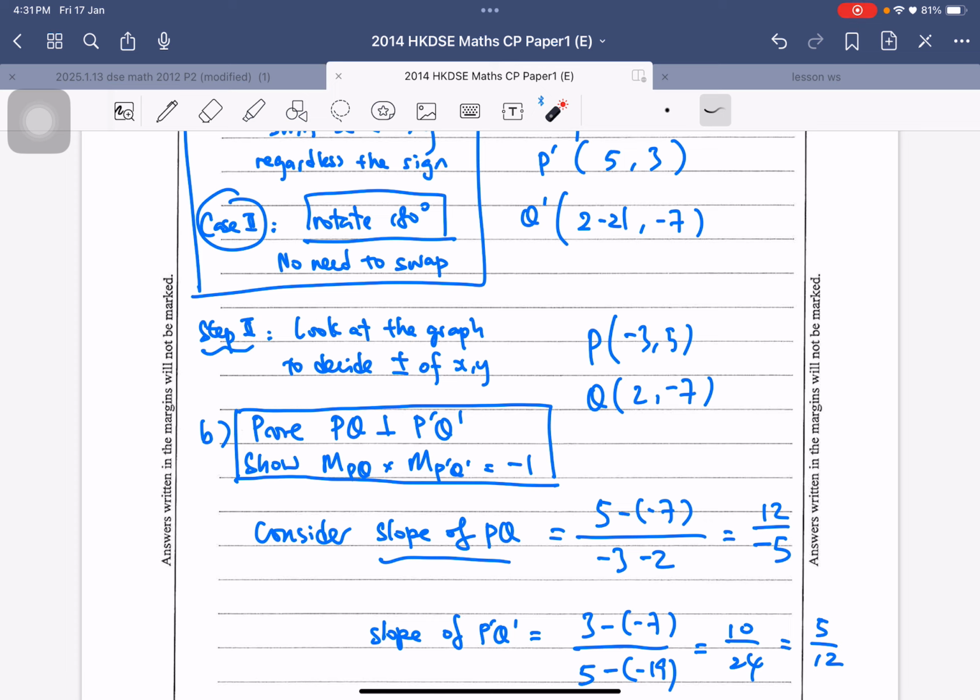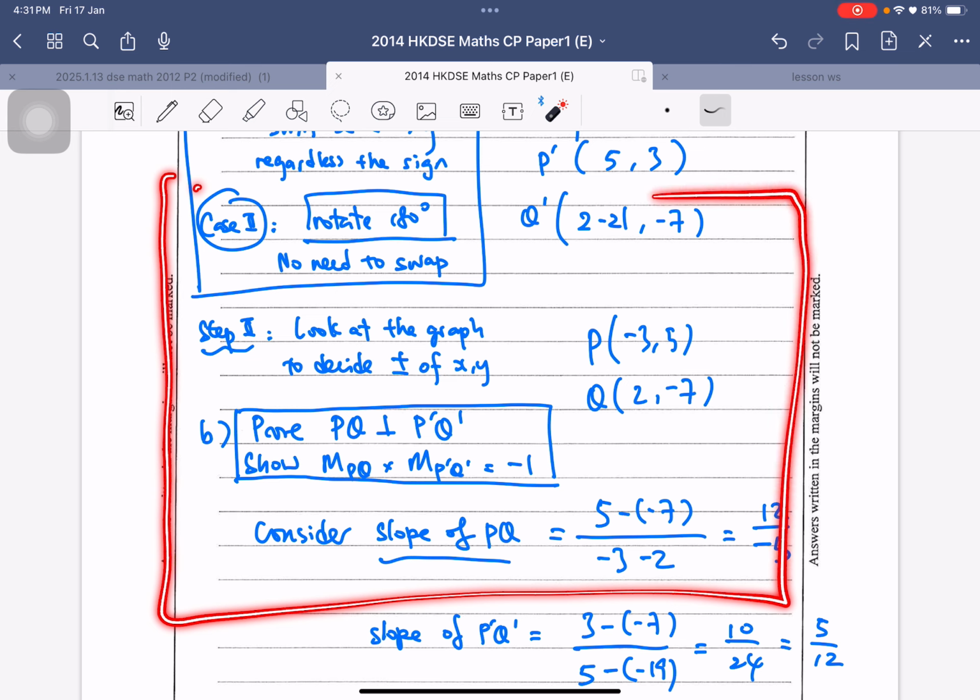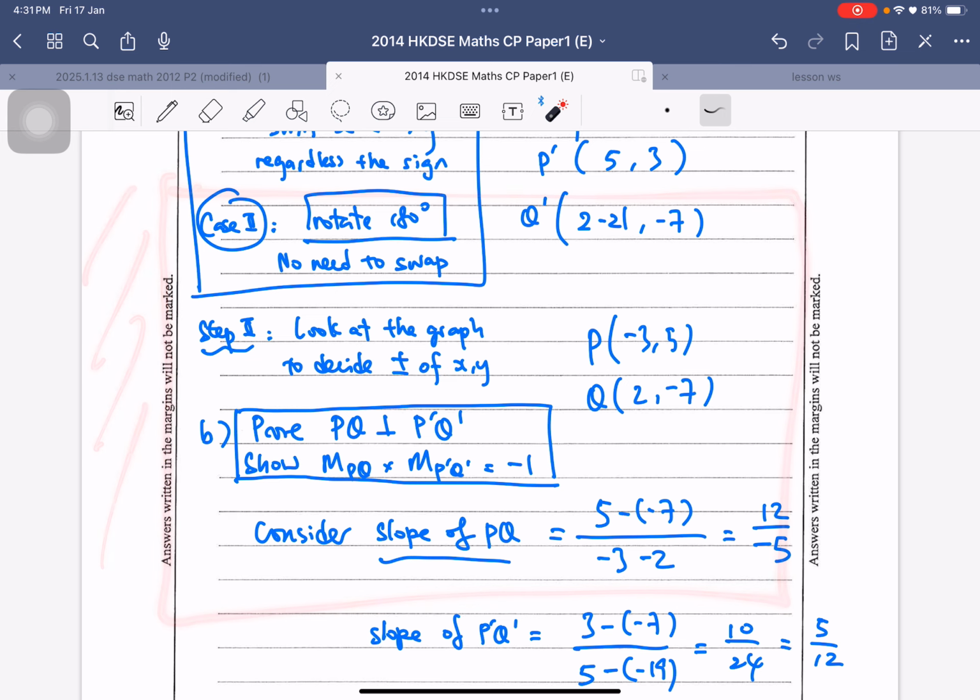It's not the problem of the marker. They will only scan this area. If you don't have enough space, just raise your hand. Even just for one more line, your final line, ask for one more paper. Don't write outside the box. Okay, Janice?